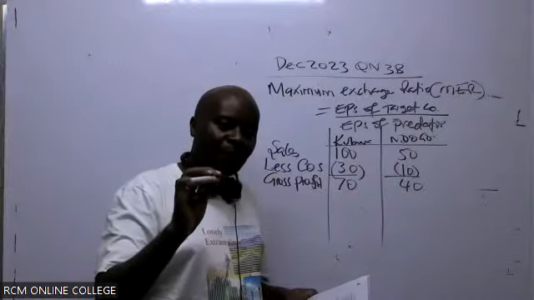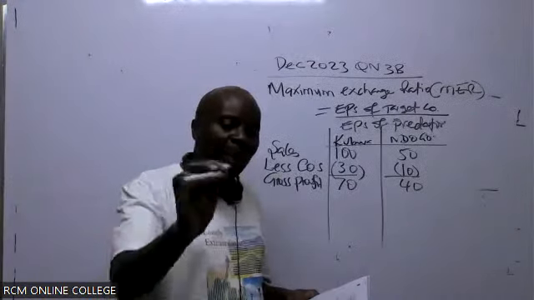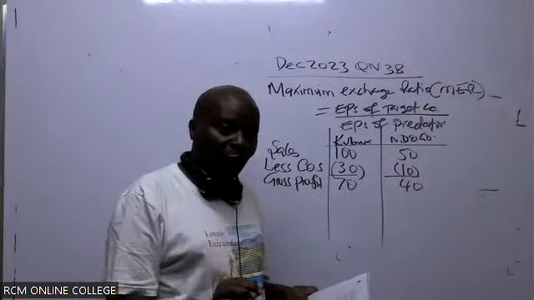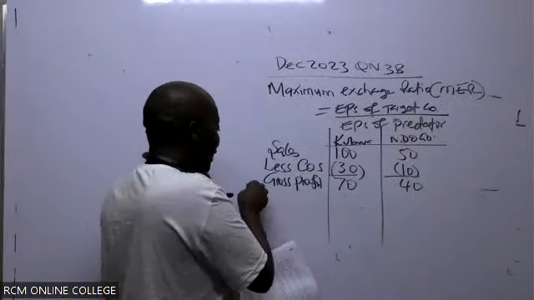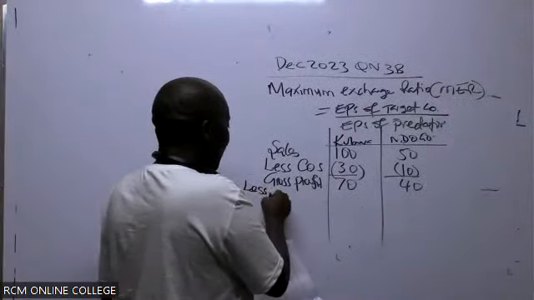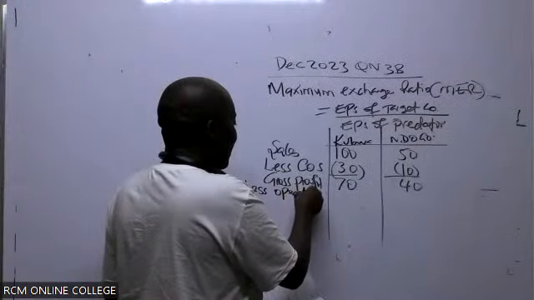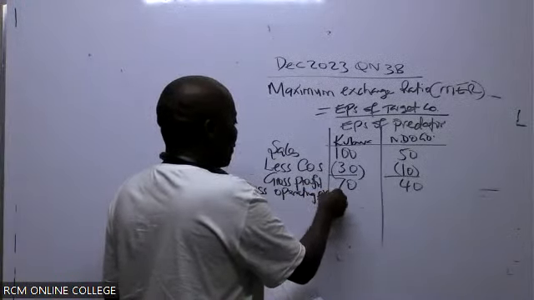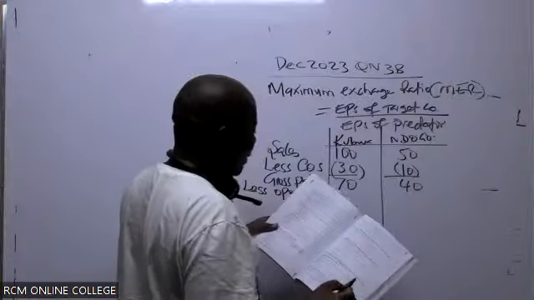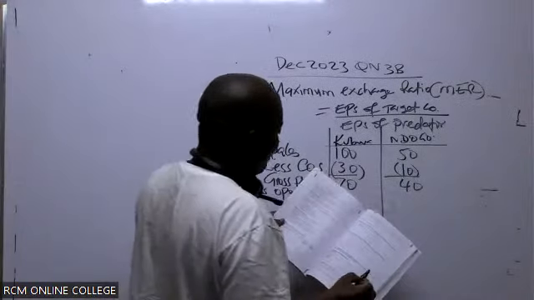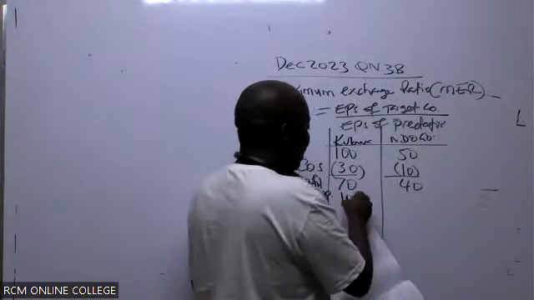Then I subtract the operating expenses, administration and distribution. Here we were lucky because the examiner combined all those and called them operating expenses. So we less the operating expenses: we have 10 and 5.